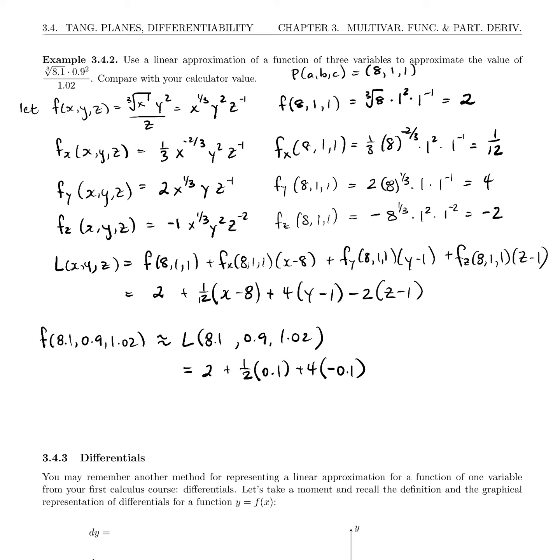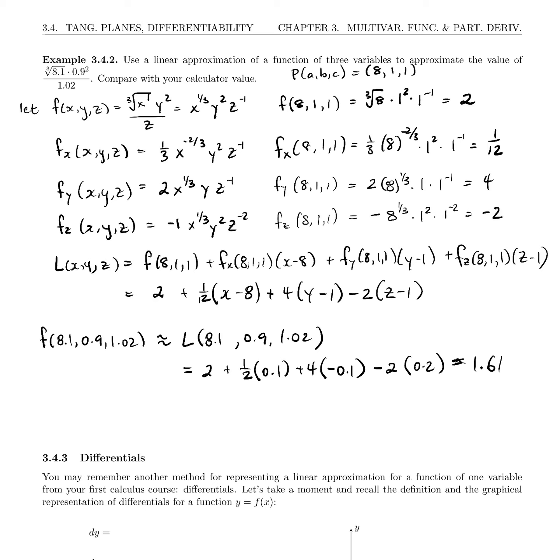Minus 2 times 1.02 minus 1, that's 0.02. And when I calculated this earlier, I got exactly 1.61.